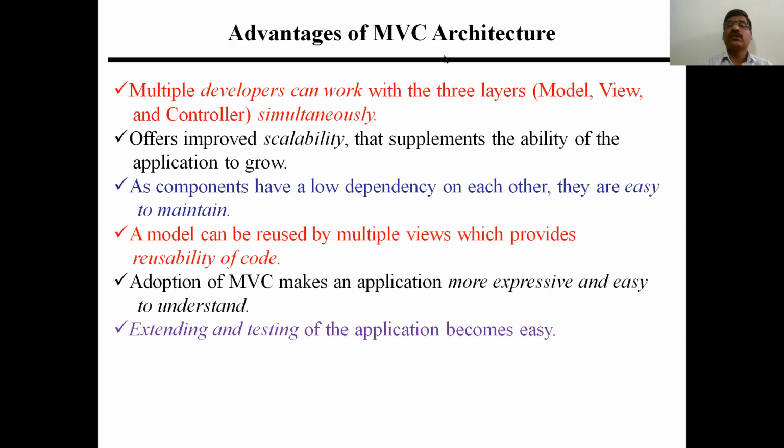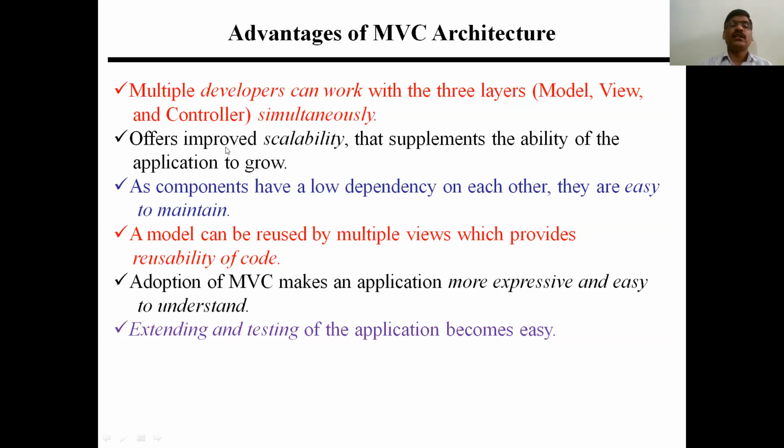A few developers can work on developing the model and the view. Similarly, one or more developers can work on developing the controller. This is the first advantage of using MVC architecture.